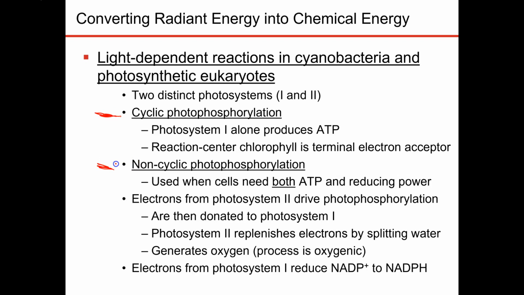Both of them produce ATP, but non-cyclic also produces NADPH. I'm going to go to the next slide to show you these because that's where I have the pretty picture.